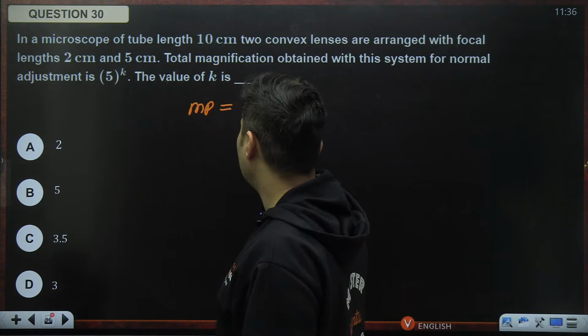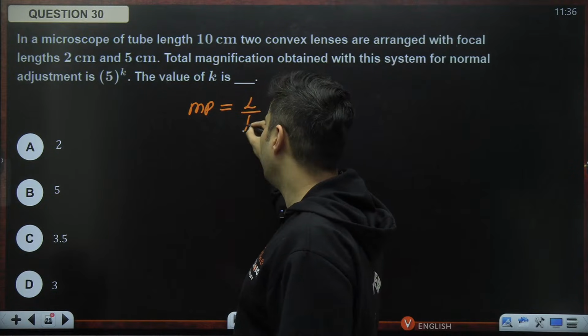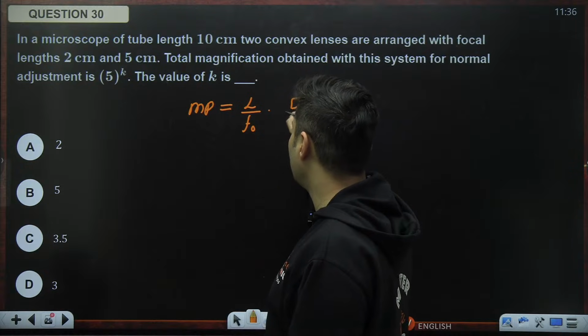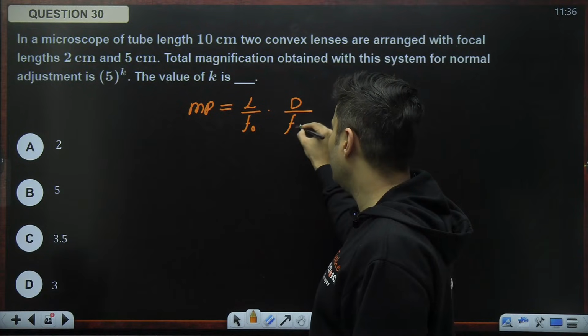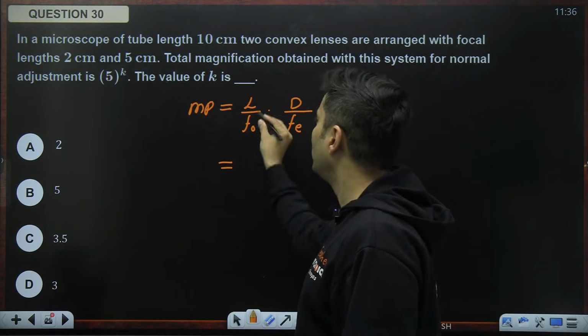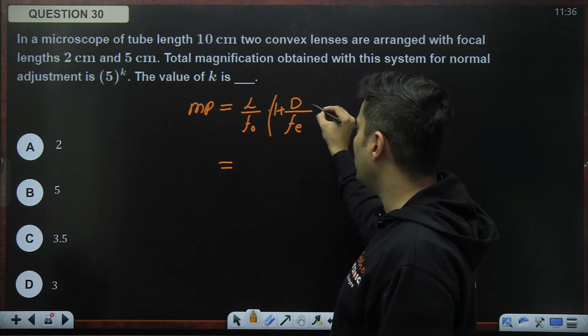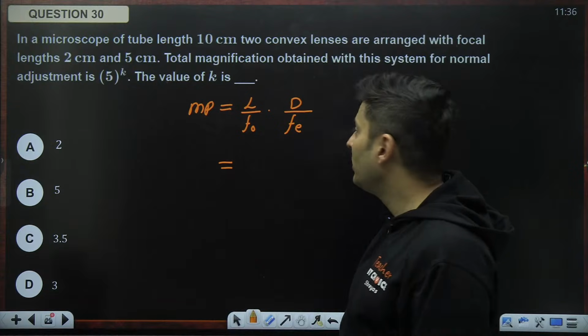It is the magnification of the objective, which is length of the tube divided by focal length of the objective, multiplied by, for normal vision, least distance of distinct vision divided by focal length of the eyepiece. This is the formula. If you know it, you are done. If it is least distance of distinct vision kind of arrangement, then 1 plus will come. But for normal vision, only D by f will come.